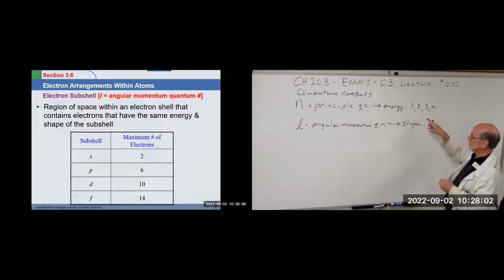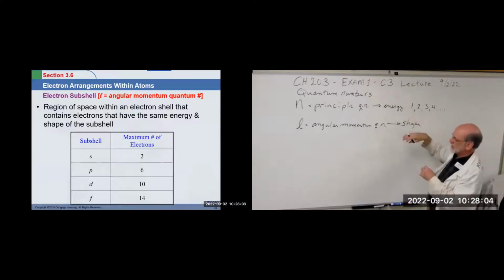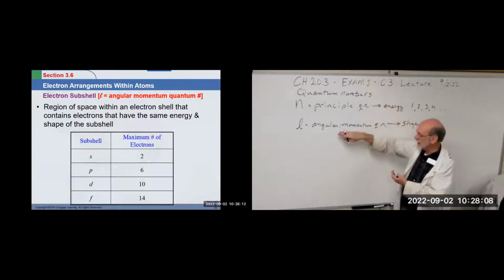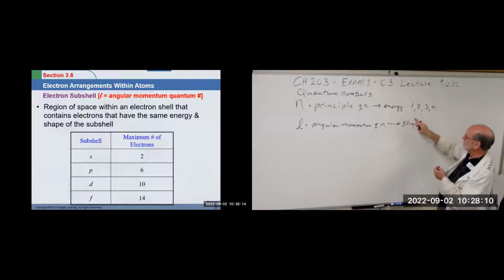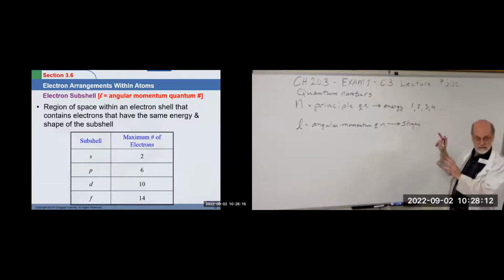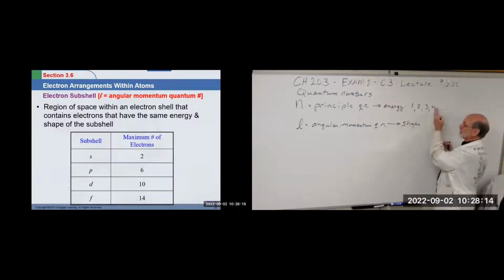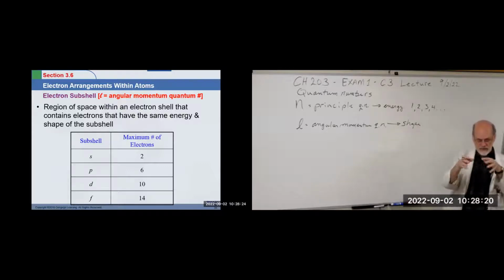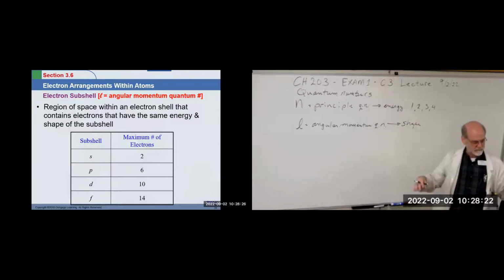Think of these as subsets of the one above them. So this L number is derived from one of the n values. If you have a principal quantum number of 4, then you can have a certain arrangement of L numbers. It branches like that.